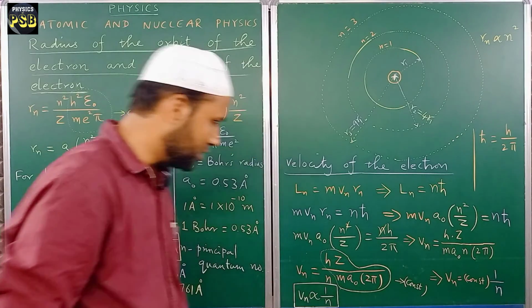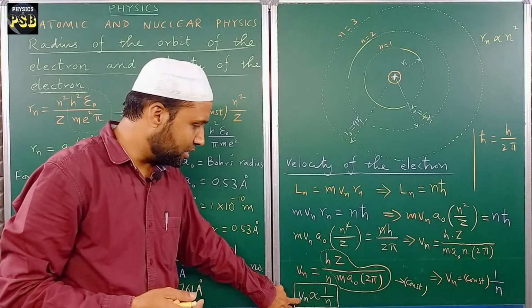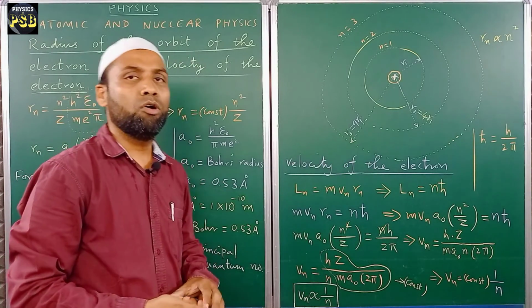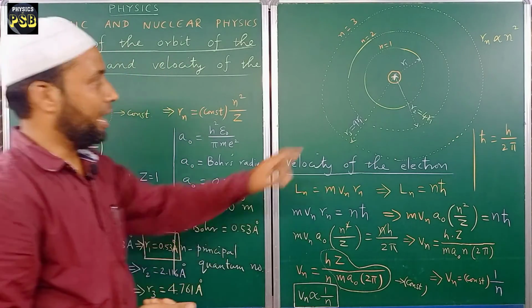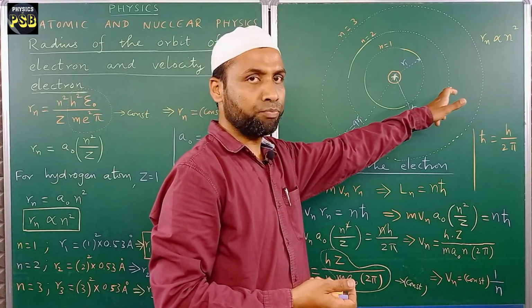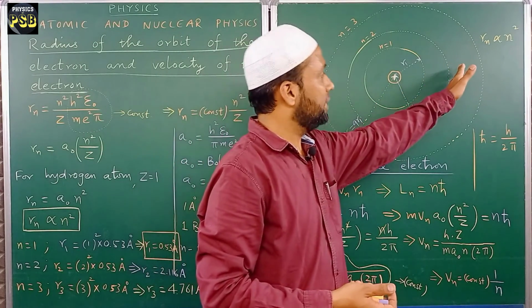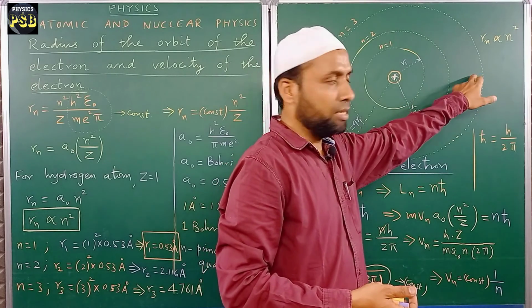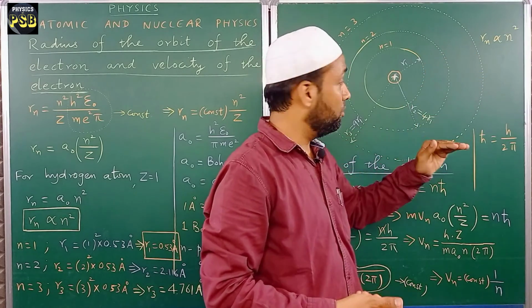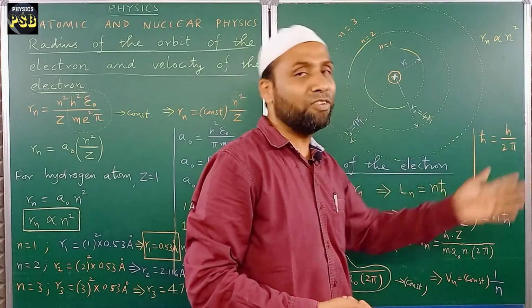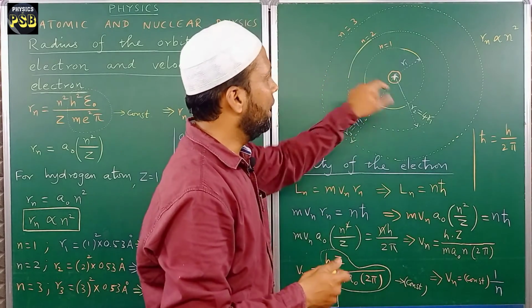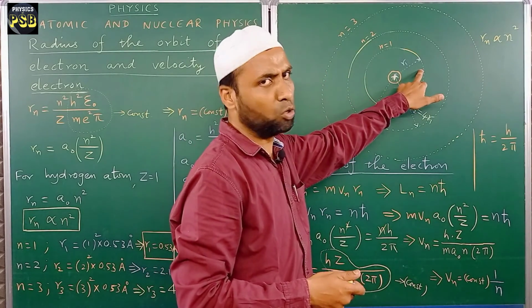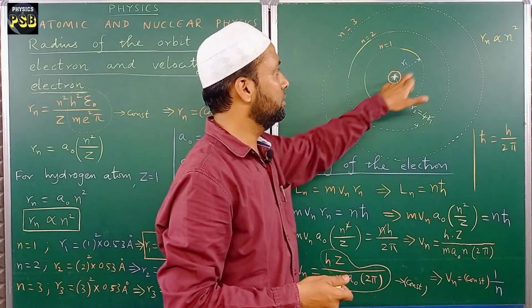This clearly shows that as we go away from the nucleus, the electron present in the orbit moves with less velocity. Suppose I have an electron here. This is the closest orbit to the nucleus.